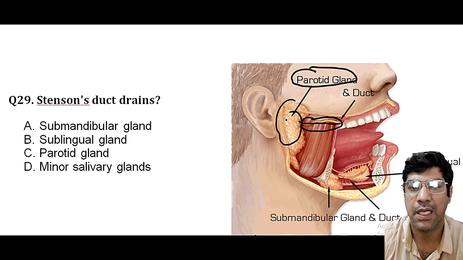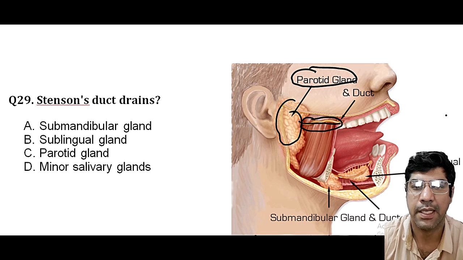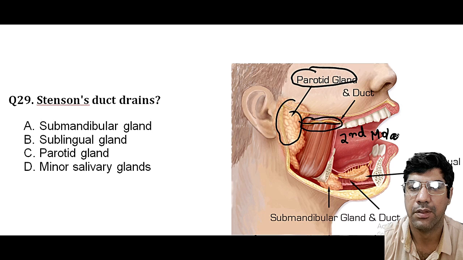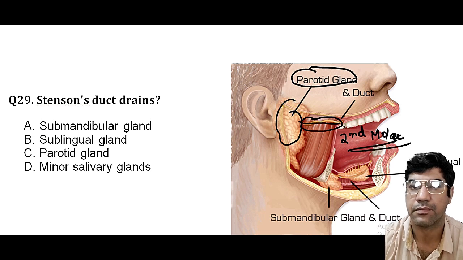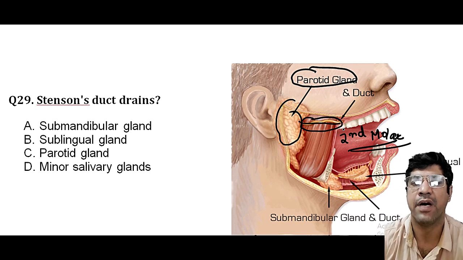So where will this duct open? Remember, this is a very important question that can be asked by the examiner in your entrance exam. This duct opens on the buccal mucosa opposite the second molar tooth, and it allows saliva to enter into the mouth.